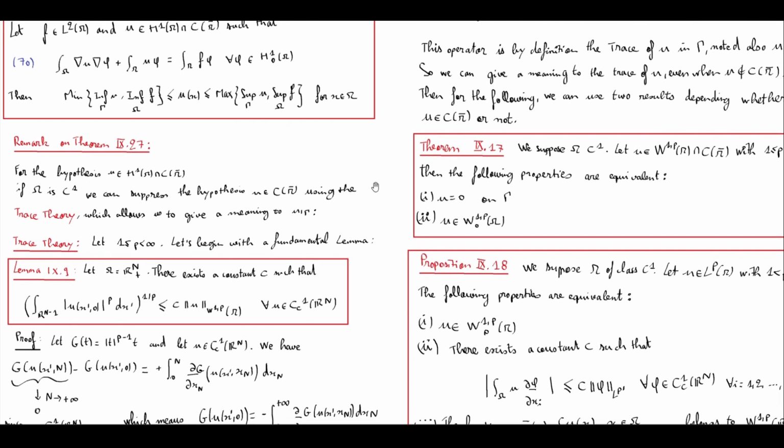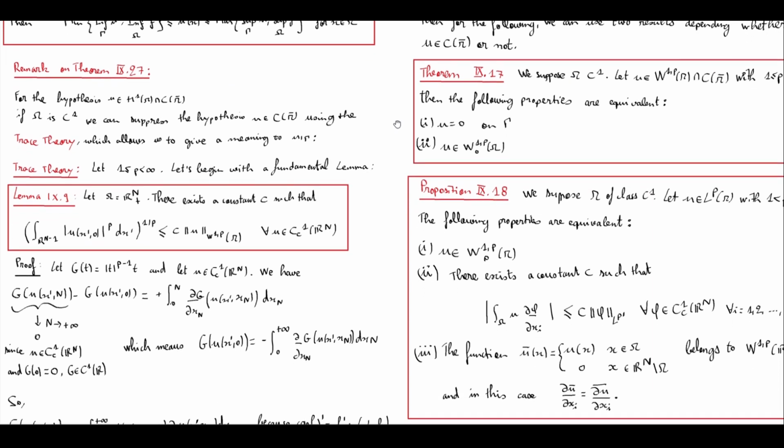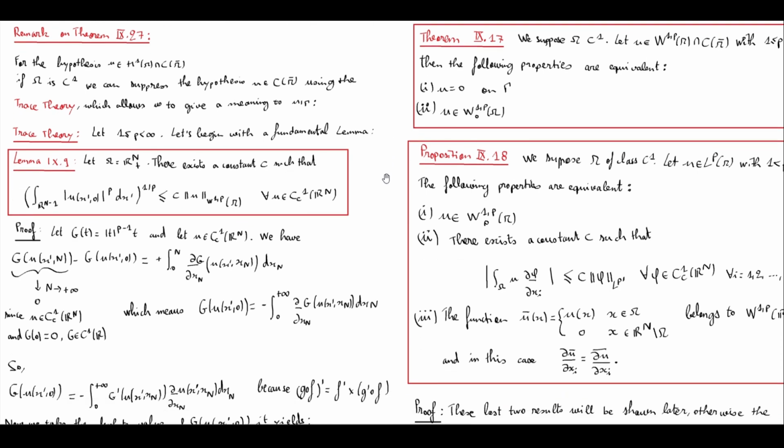Let's begin with the fundamental lemma. Lemma 9.9. Let omega be R^n plus. There exists a constant C such that we get the following inequality for all u in the set of C1 functions with compact support on R^n. Now about the proof.